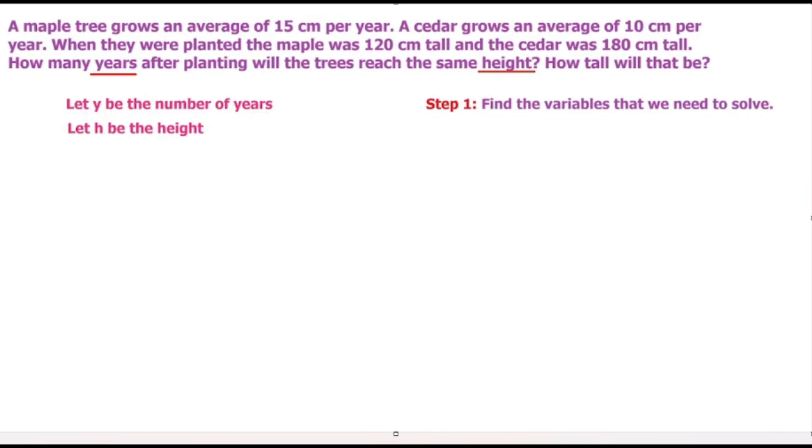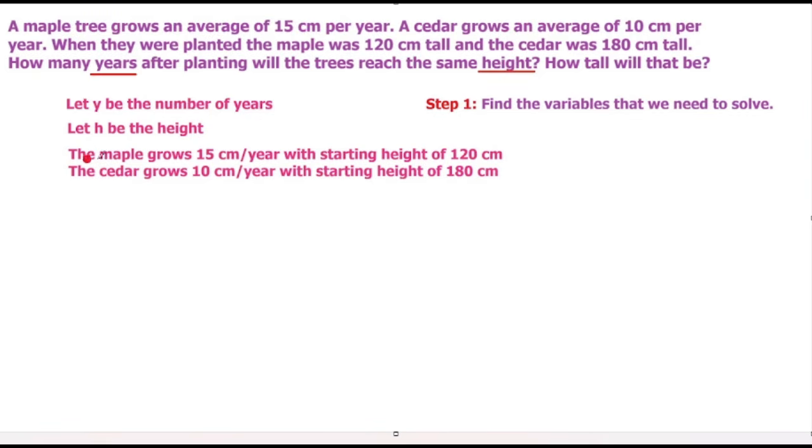So we're assigning letters to our variables. So we know the maple grows 15 centimeters per year with a starting height of 120 centimeters, and the cedar grows 10 centimeters per year with a starting height of 180 centimeters. It's always a good idea to summarize what the problem is saying, so you have it very clear here for you to look at.